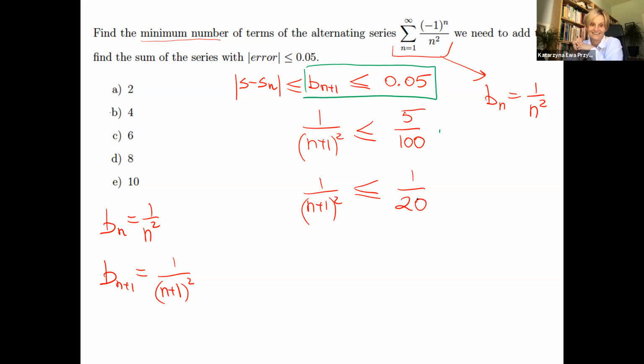Since I'm flipping the fractions, I can flip the inequality. And what can we do? Shall we take everything? It's positive, which means we're fine with this.